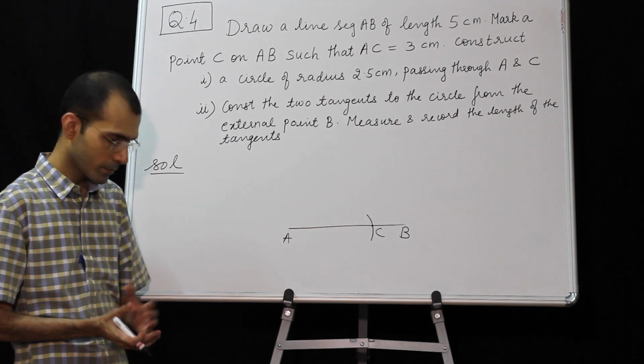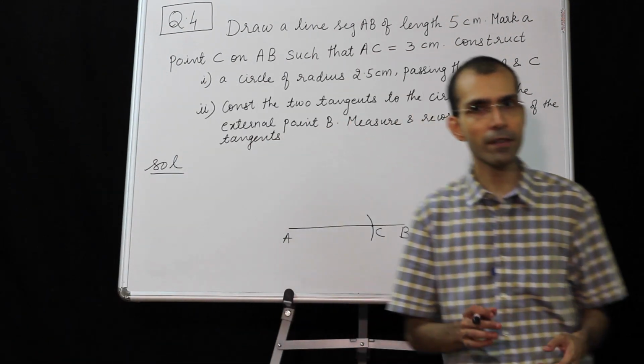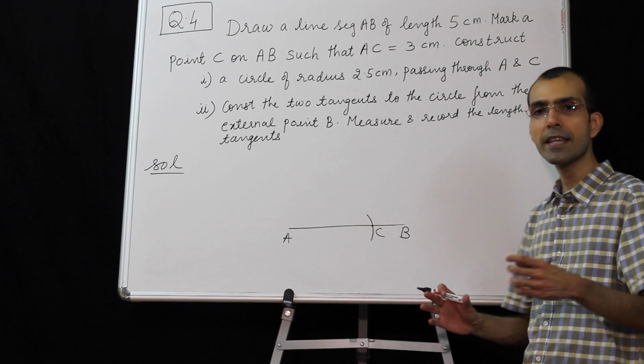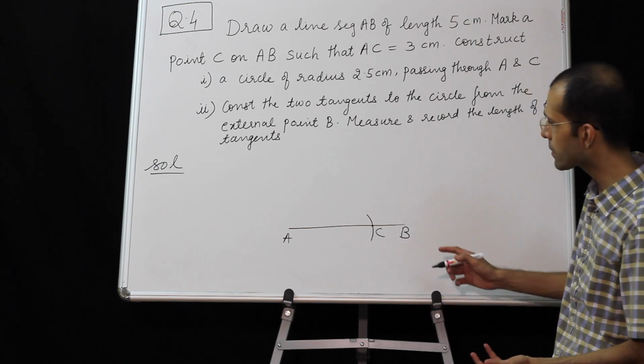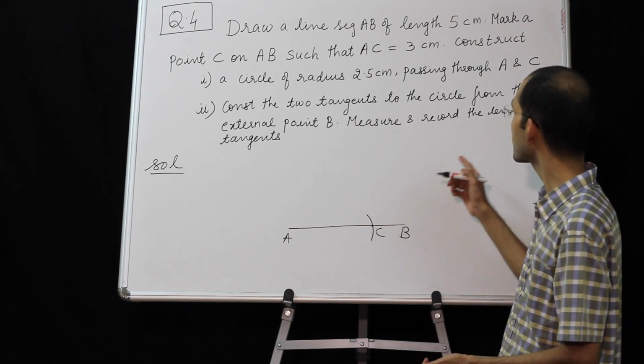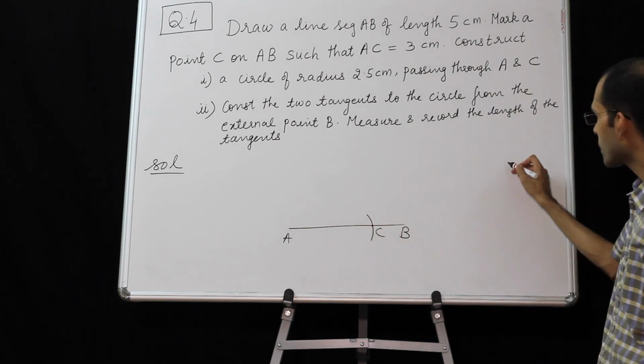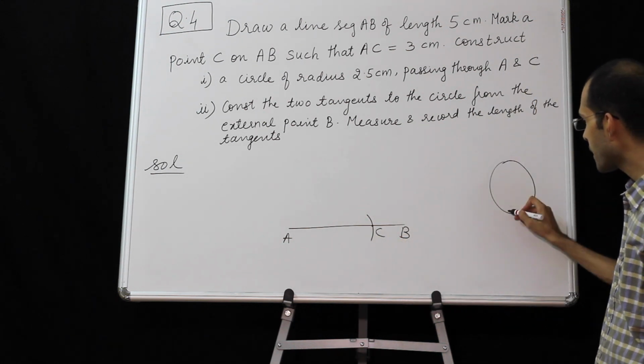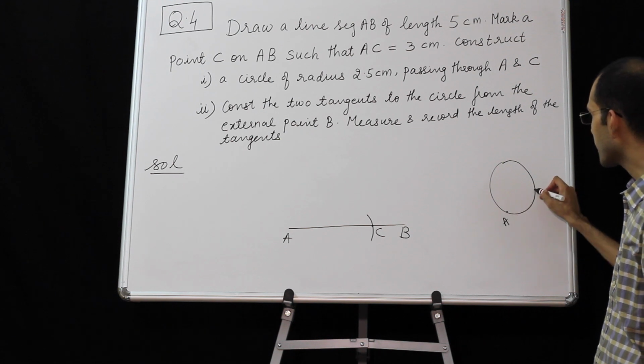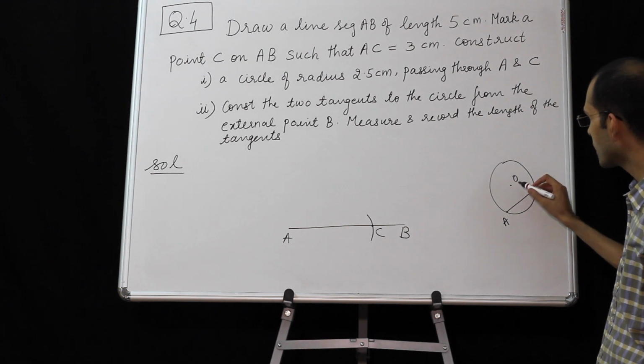Not necessary. They never said with AC as the diameter. They said construct a circle which passes through A and C and whose radius is 2.5. So consider this diagram. This is A and this is C. This is the center of the circle and the radius is 2.5.